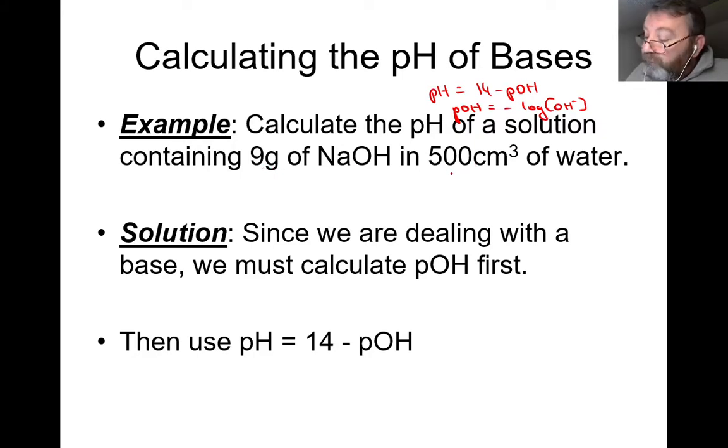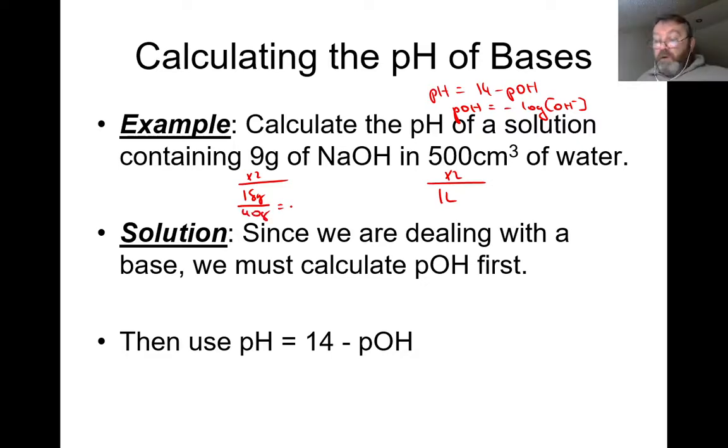So the first thing I do is multiply that by 2 and multiply that by 2 to get it into grams per litre. And that will be 18 grams. And then I turn this into moles by dividing it by the mass of sodium hydroxide, which is 23, 24 and 16, which is 40. Okay.